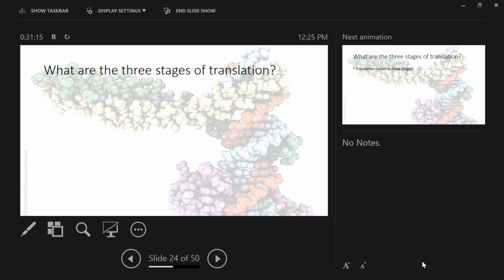The first tRNA that has methionine on it binds in the P site, and they scan, looking for that start codon, AUG. And once they find it, that tRNA has a GTP attached to it and provides the energy necessary to get the large subunit to attach, and now elongation starts.